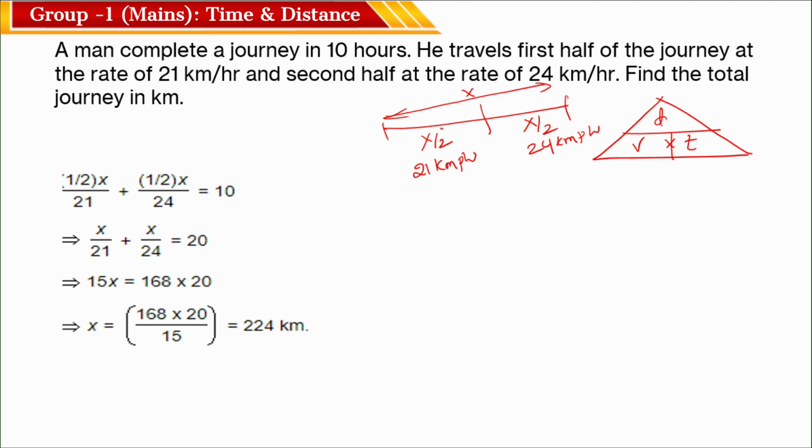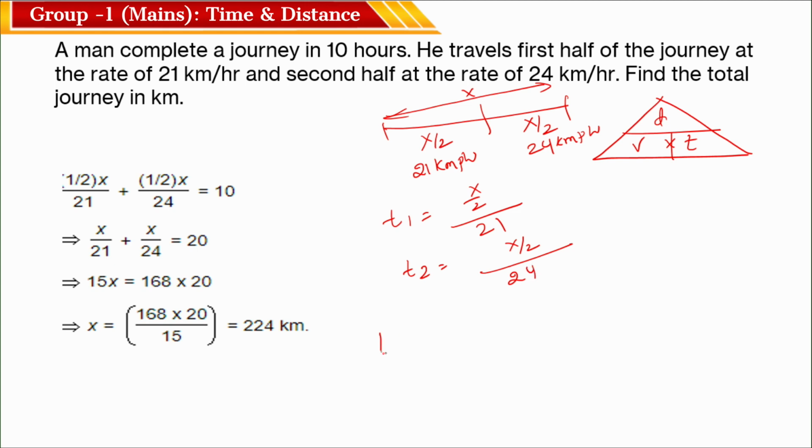For example, say the first time is t1. t1 is equal to distance, that is x by 2, over speed, 21 kilometers per hour. Now consider t2: distance x by 2 and the speed is 24 kilometers per hour.